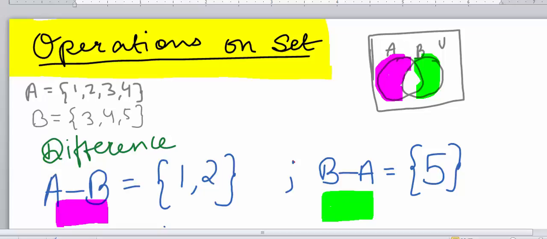Now let's see the other one, that is symmetric difference. It's related to difference only.